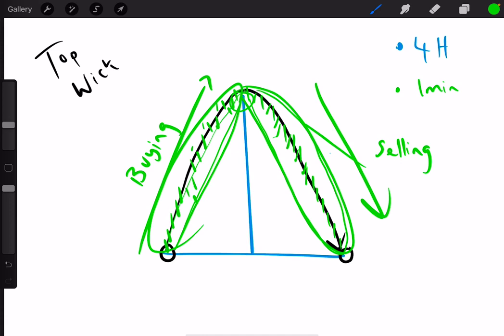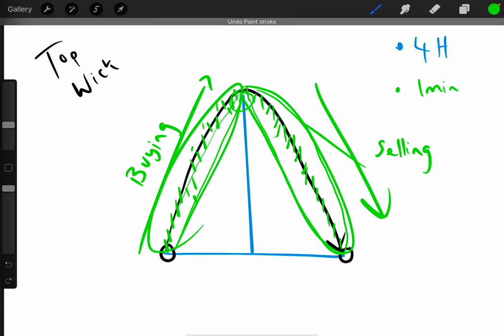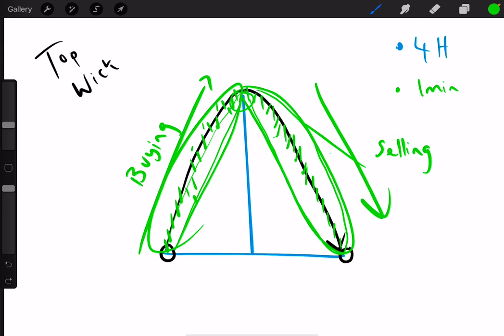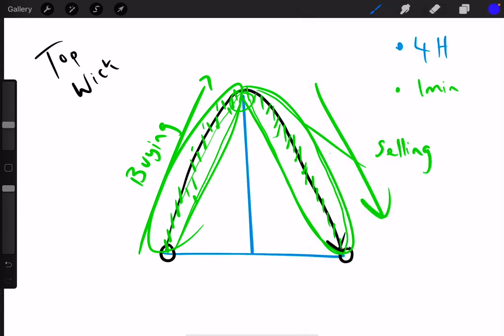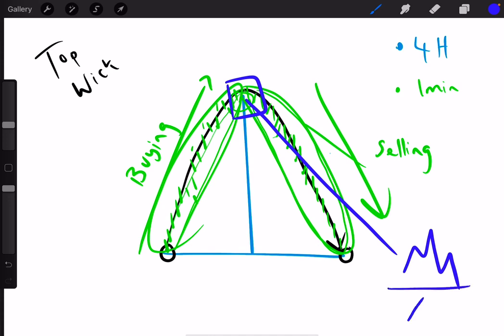That's essentially what's happening inside here. Let's do it in dark blue. Somewhere around here, what's happening is this, or alternatively this.